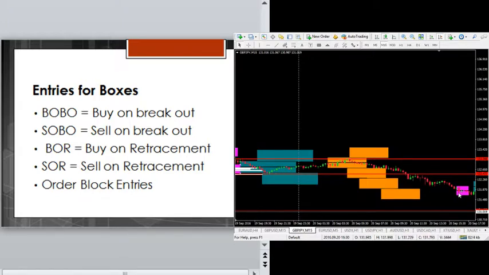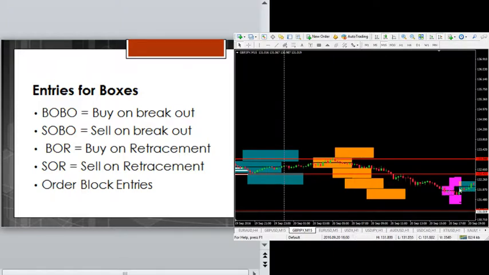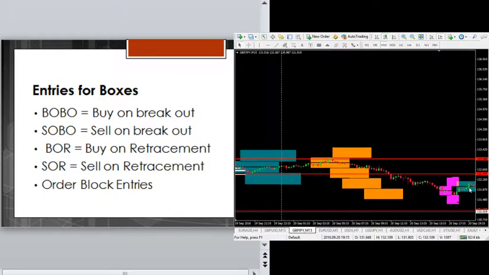Since there's a creation of, rather, the New York box, I'm going to use the New York box as my reference for the succeeding price action. One box up and one box down again. Since the price breaks above the New York box, main box, I'm considering a buy at the 50%.